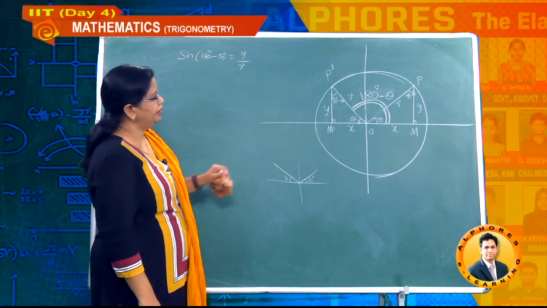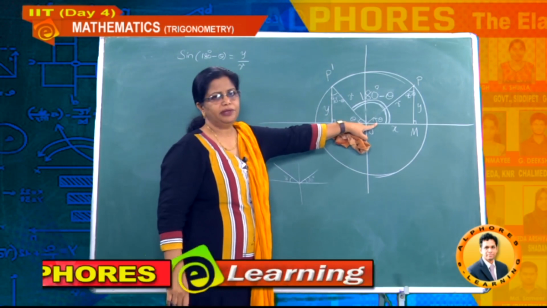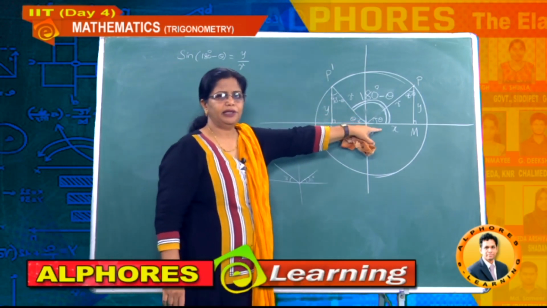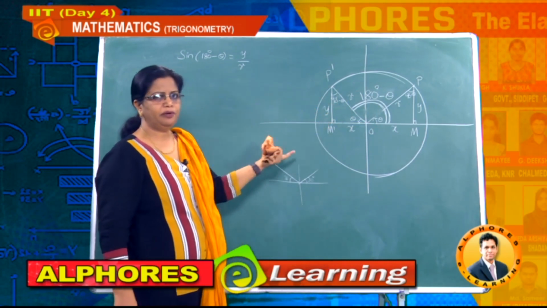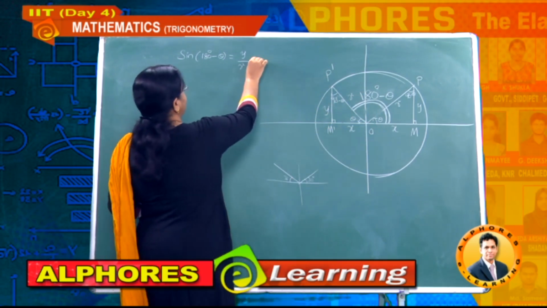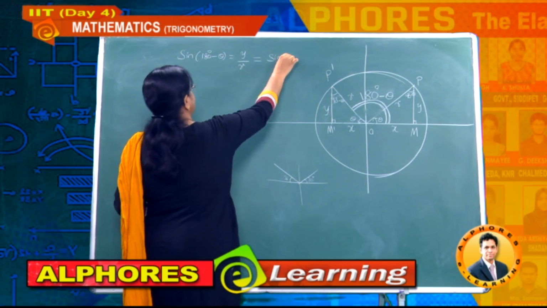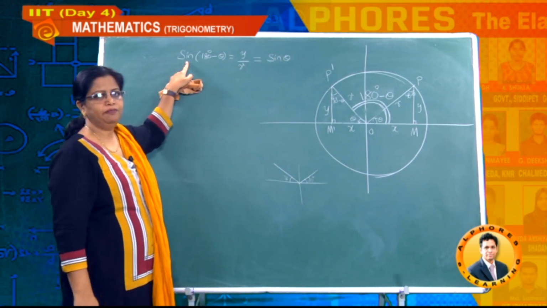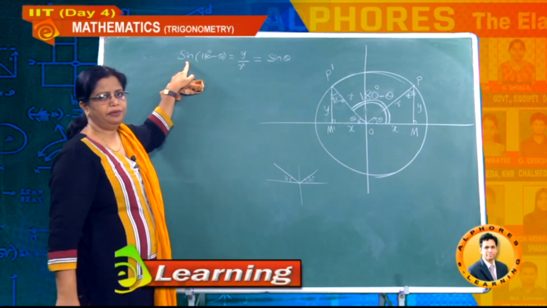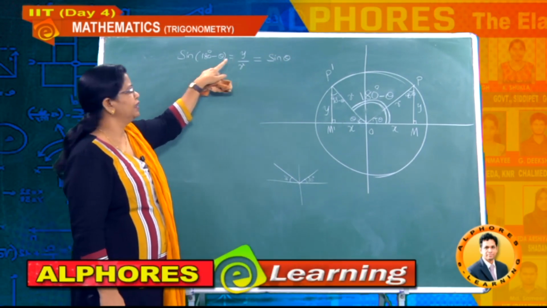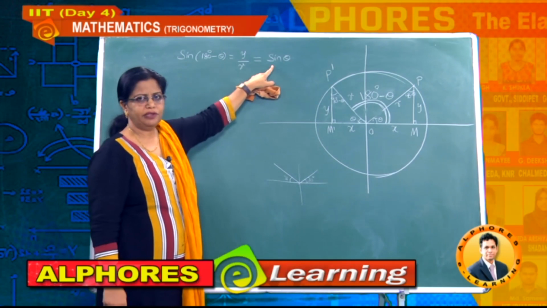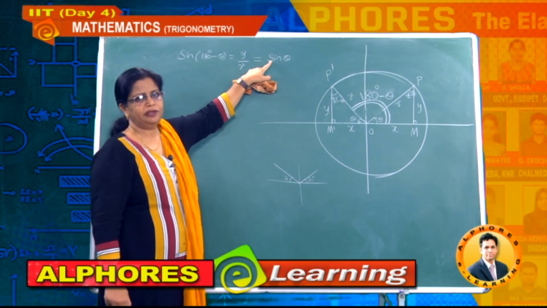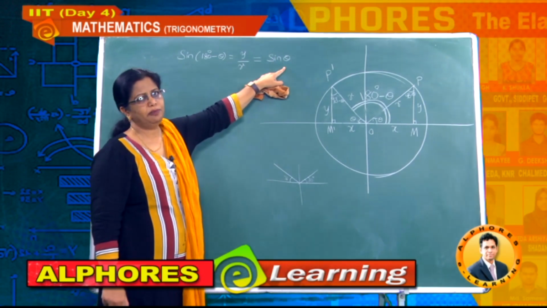Now the same value, if you observe in terms of the acute angle, is again opposite side by hypotenuse. So this is equal to sin theta. That means we observed that for obtuse angles, the sine function result is again positive. This theta is acute and therefore sin theta value is positive.